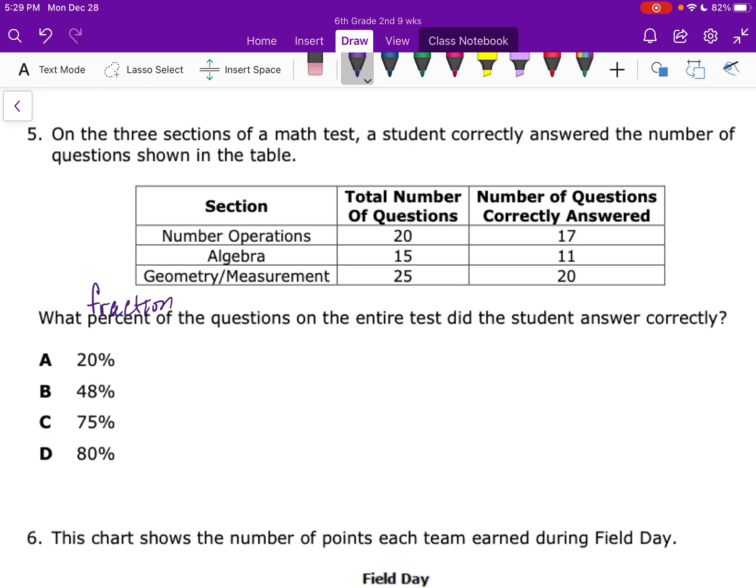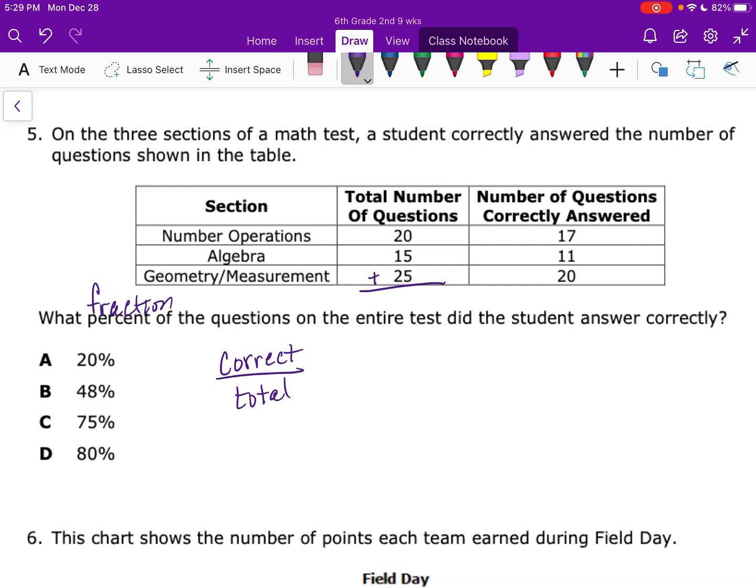So what fraction of the questions on the entire test did she get correctly? Okay, so what do you think we're going to have to do? How are we going to get the total that she got correct over the total for the whole test? Yeah, we have to add the sections, right? The total number of questions on the test were 20 number and operations, 15 algebra, and 25 geometry.